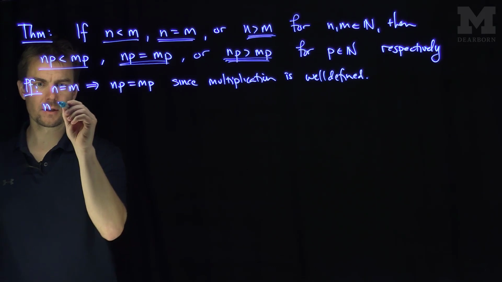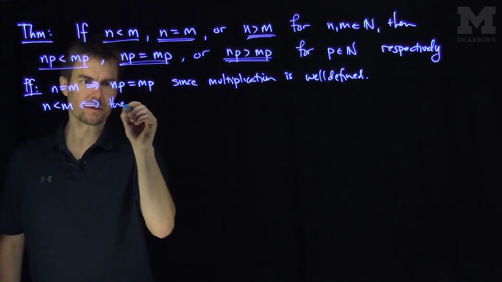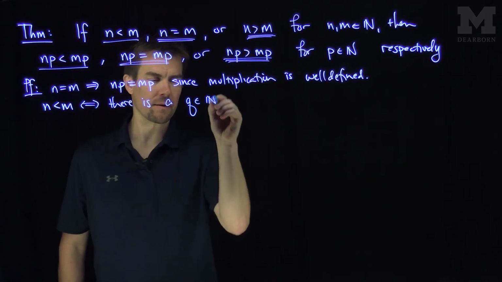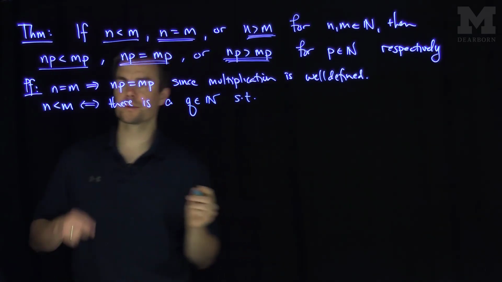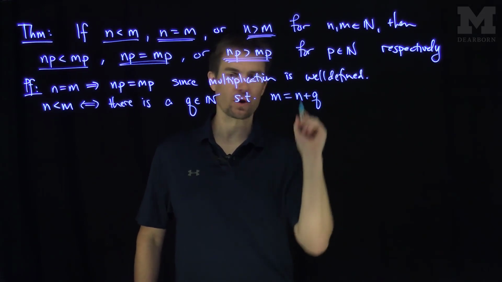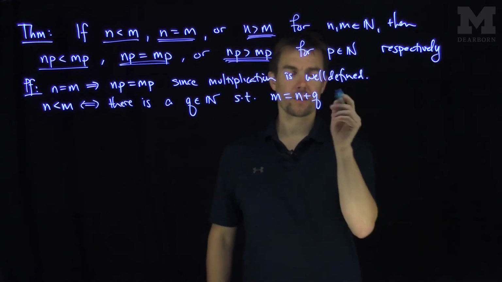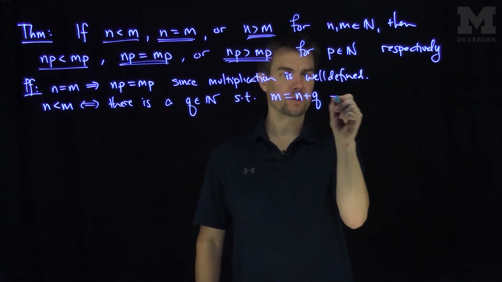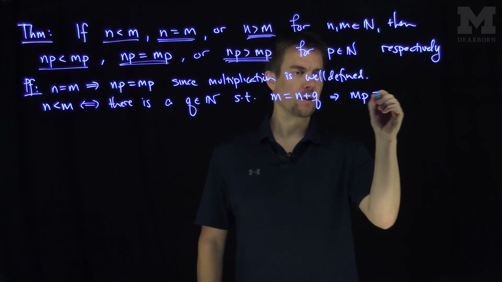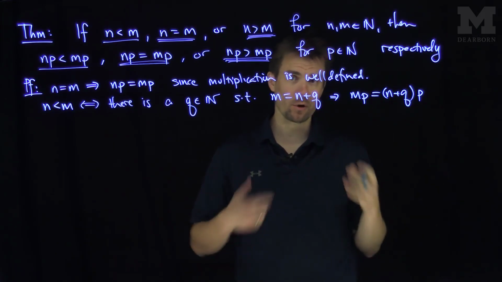If n is less than m, then what does this imply? This is equivalent to saying there is a q in the natural numbers such that m is equal to n plus q. That's the definition of that ordering. Now, if I multiply this relationship and use the distributive property of multiplication, this implies that m times p is equal to n plus q times p, and we proved already that multiplication is distributive.